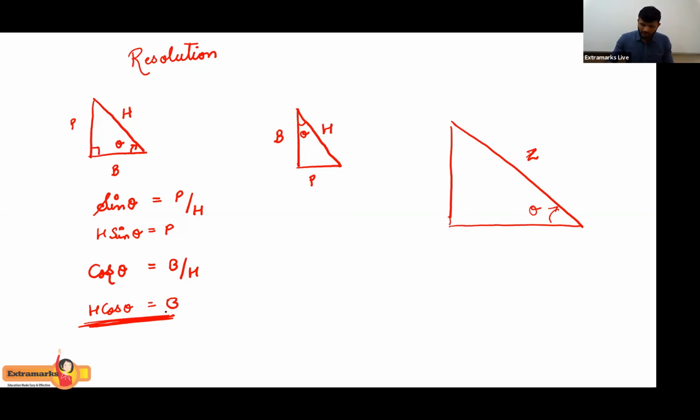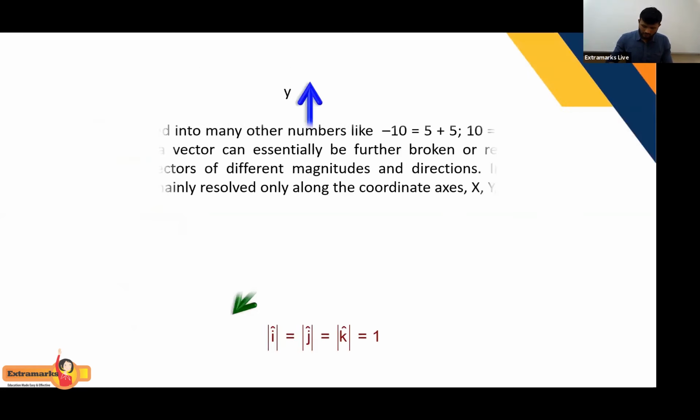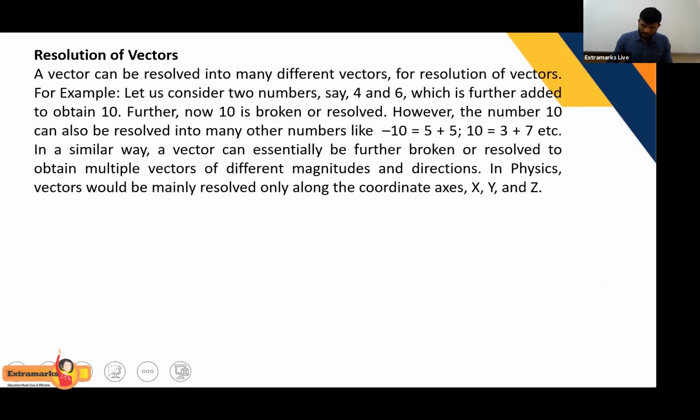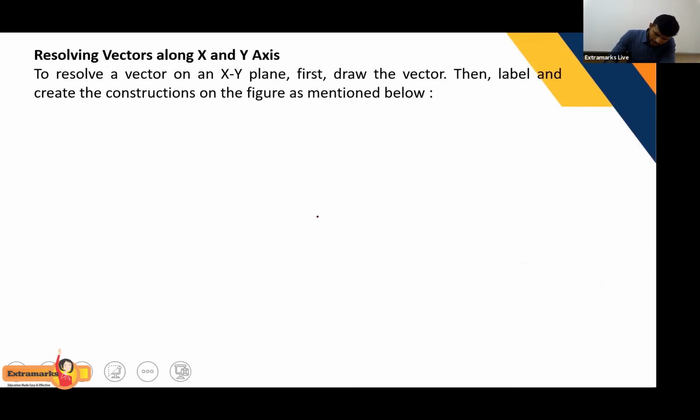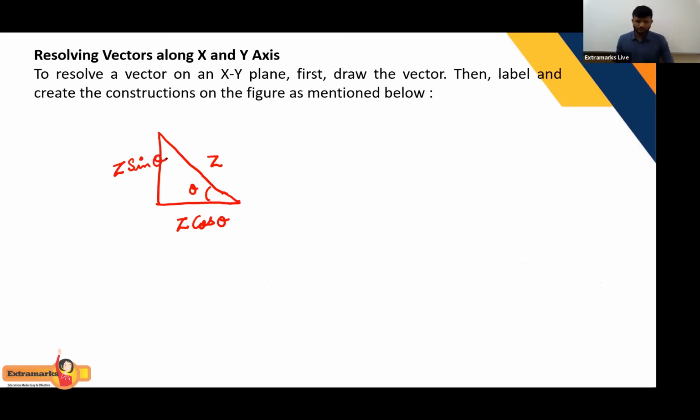So here I can write this component as z cos theta, and this as z sin theta. Similarly, if I give this angle to be theta, then I can write P cos theta and P sin theta. Always remember, the side which is close to theta will always be the cos component, right?